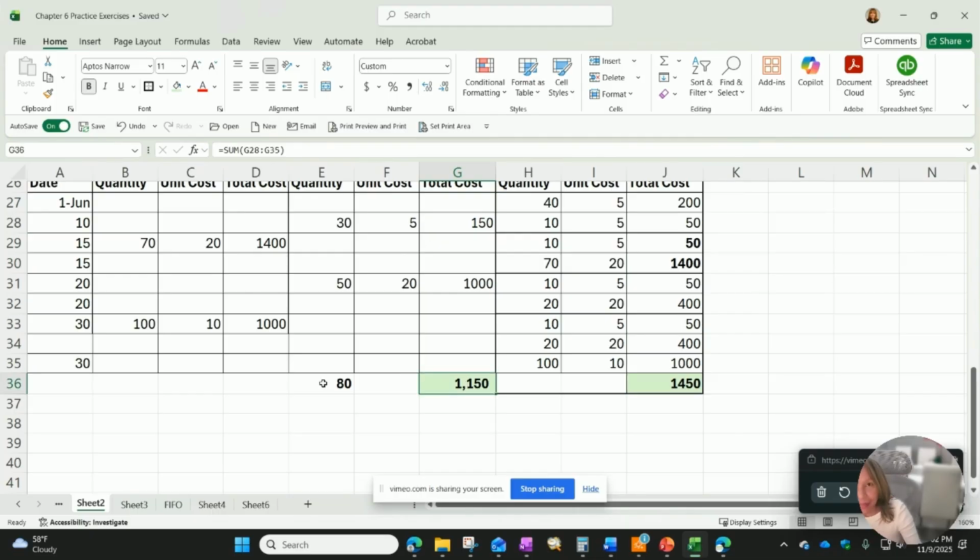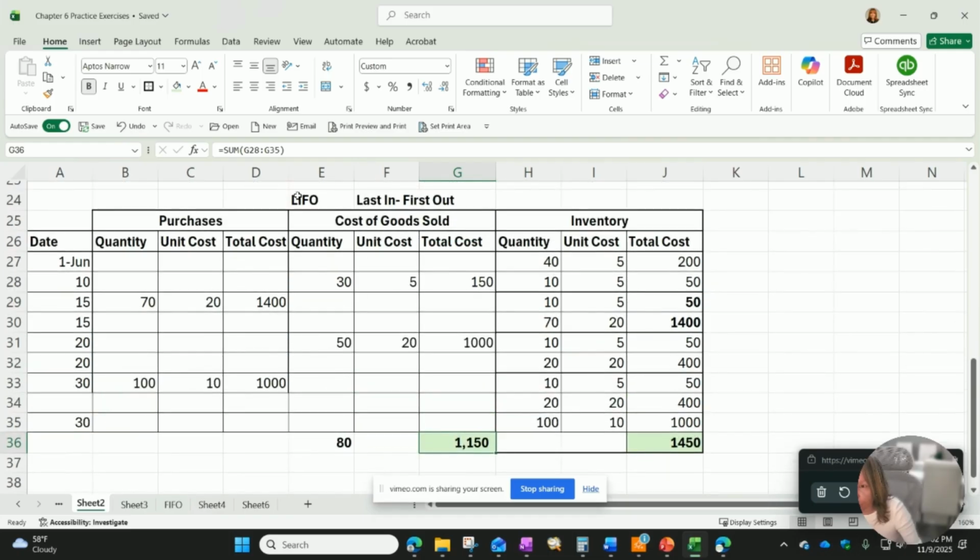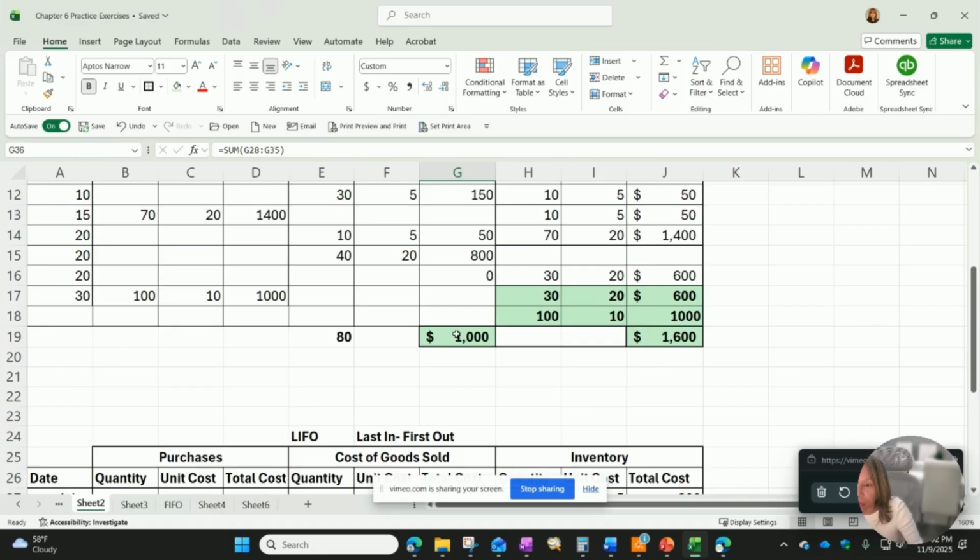And it makes sense. If you think about it, when we use LIFO, we are purchasing goods at a higher price. The last ones in are usually purchased at a higher cost. Therefore, when we calculate the cost of goods sold under this cost flow assumption method, the cost is going to be higher than on the FIFO.